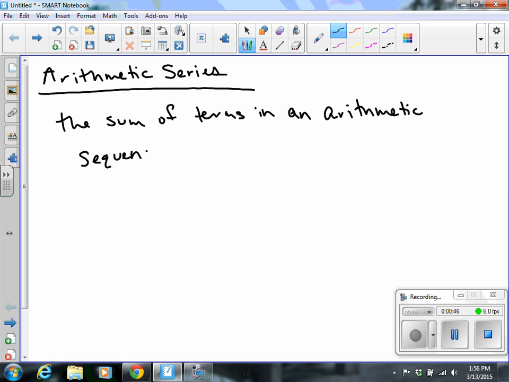So if I wanted to add up the terms of term 3 to term 8, I can do that, and that would be considered an arithmetic series. We all know that sum is addition.